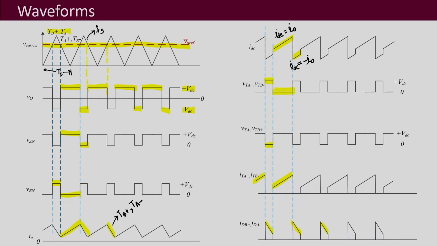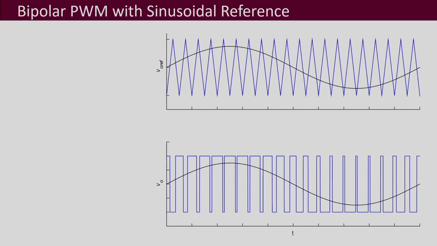Now these are the waveforms shown here, assuming VO ref is a DC reference. This H-bridge is also used for single phase DC to AC conversion. So there the reference can be sinusoidal. How are the waveforms going to be then?